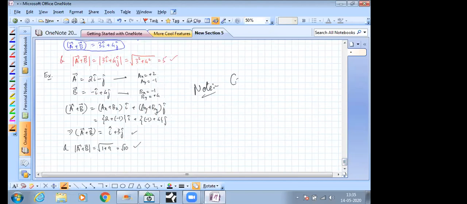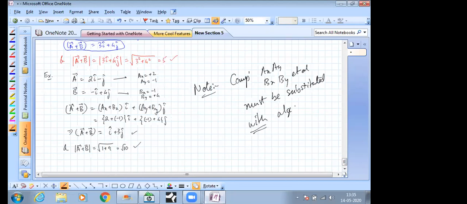Components Ax, Ay, Bx, By, etc. must be substituted with their algebraic sign. So that's what this example is just showing.